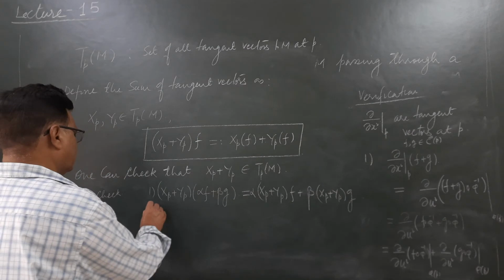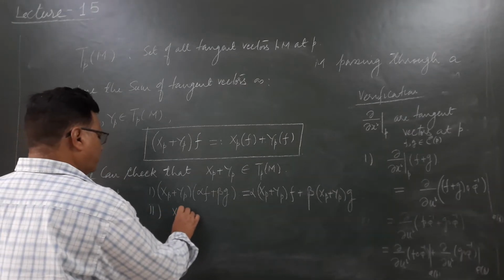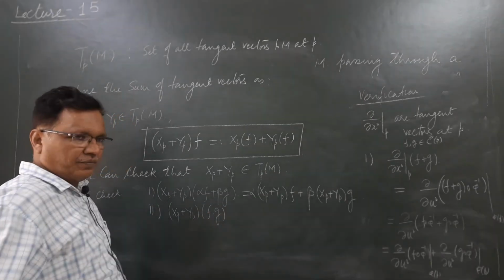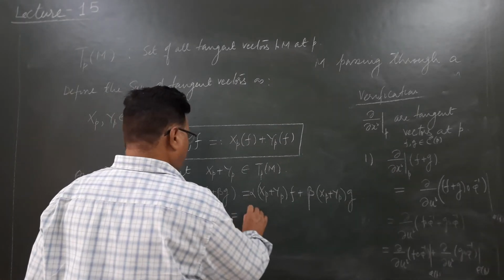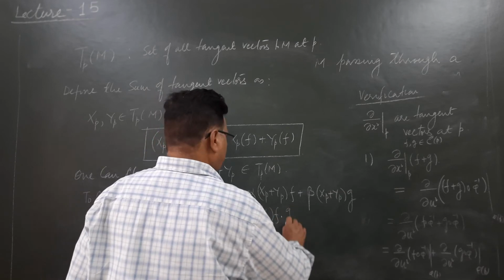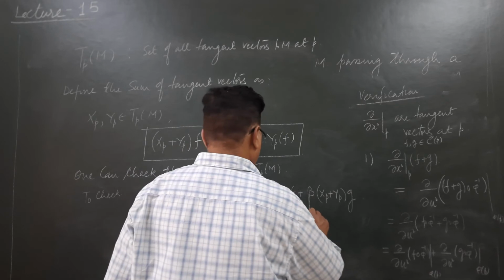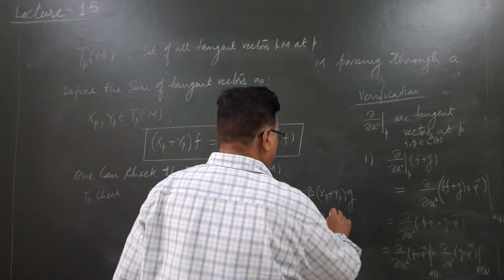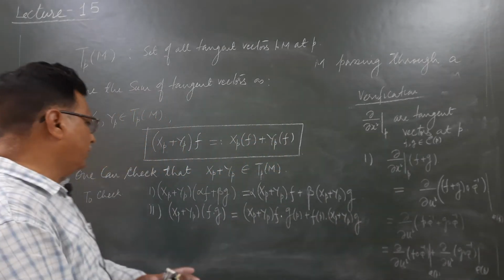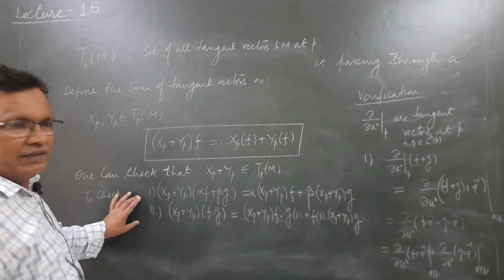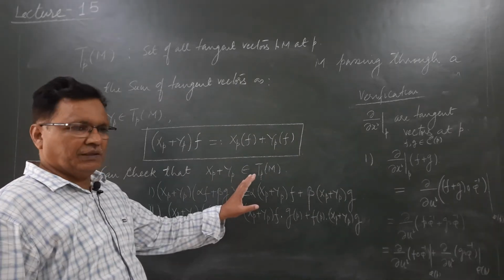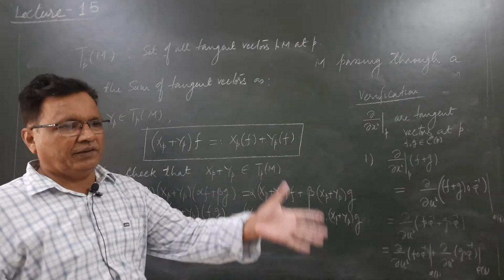और दूसरी बात, we need to see that XP plus YP operating on the product of two functions FG should be equal to XP plus YP operating on F into G(P) as it is, plus F(P) as it is into XP plus YP operating on G. ये दो वेरिफिकेशन करने के बाद ही आप ये कह पाएंगे कि XP plus YP belongs to TPM. तब आपका पहला स्टेप होगा कि this addition is a binary operation.